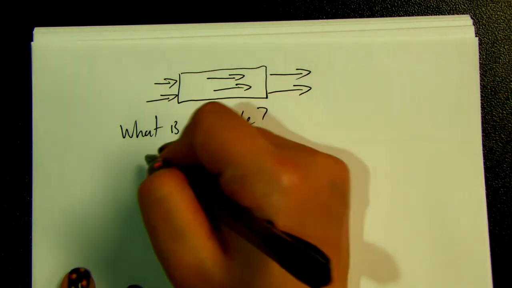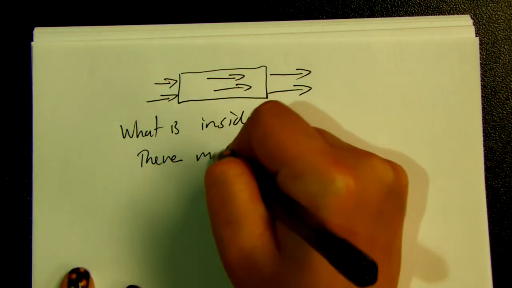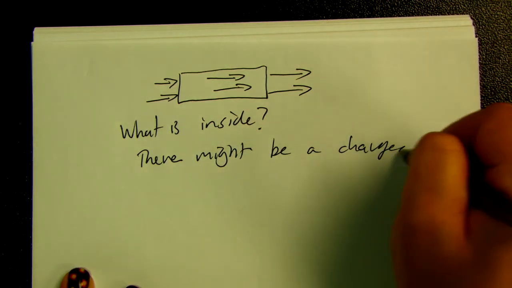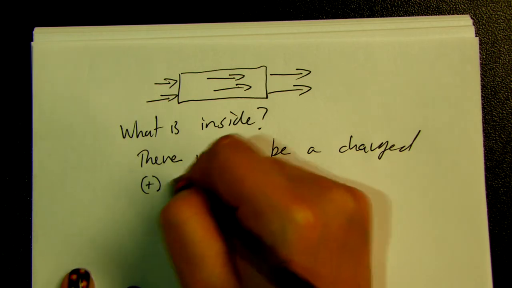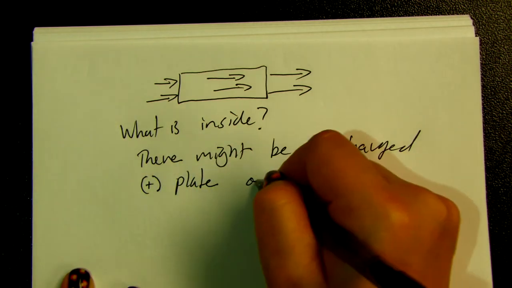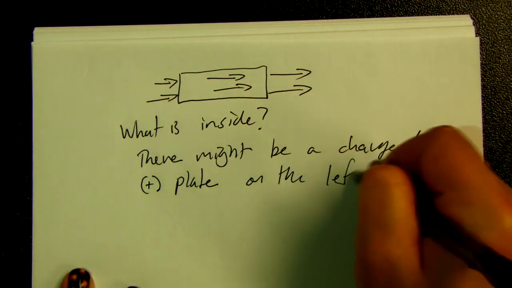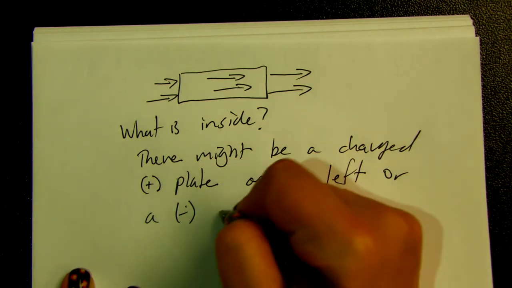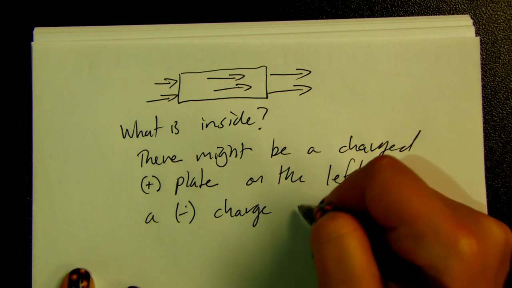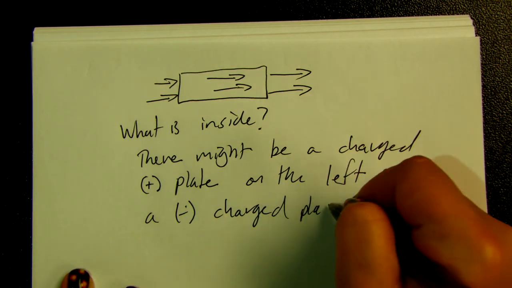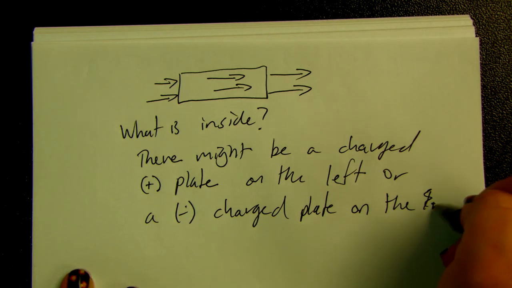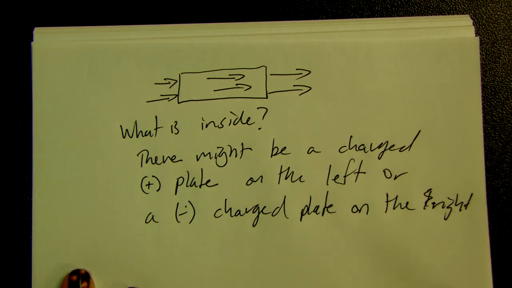So there might be a positively charged plate on the left, or a negatively charged plate on the right. So that's one possibility.